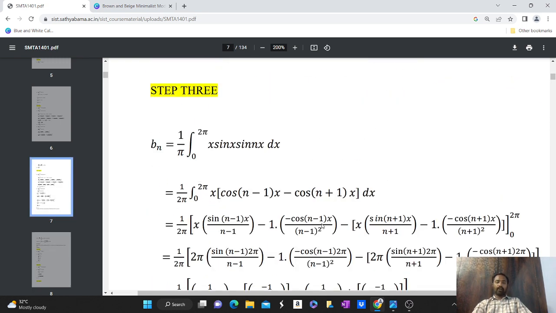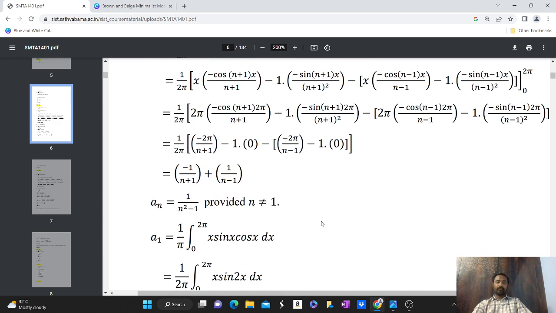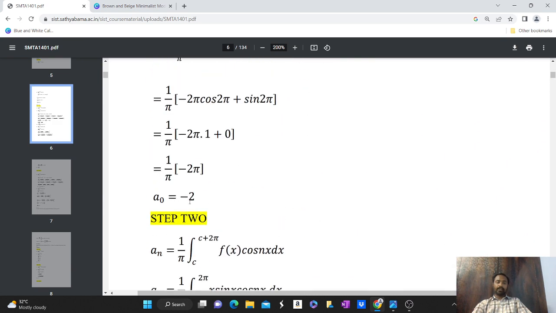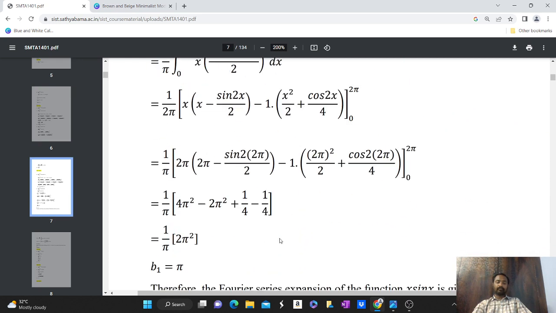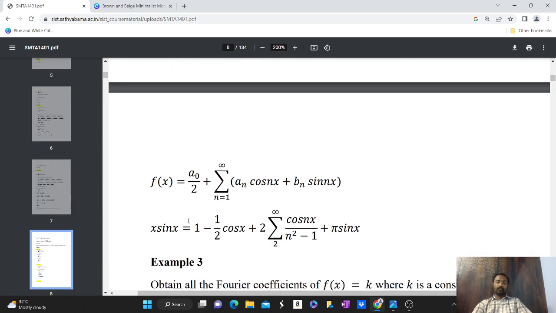What is the value of a0? a0 is minus 2. So minus 2 divided by 2 is minus 1, minus 1 by 2 cos x plus 2 into summation of cos nx by n square minus 1, plus pi sin x.